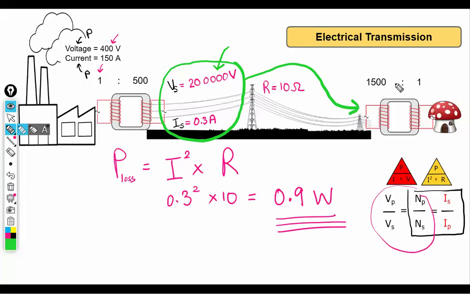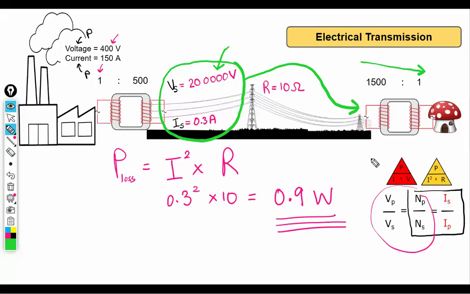That is why outside your house, there is another transformer. It's actually called a step-down transformer. Look at this. The turns ratio is 1500 to 1. That means the voltage will get 1500 times smaller before it enters your house.